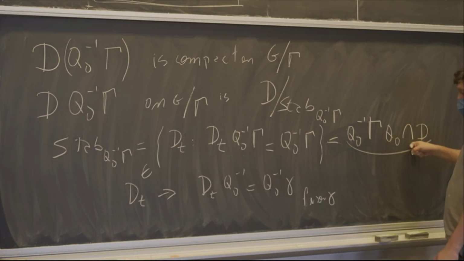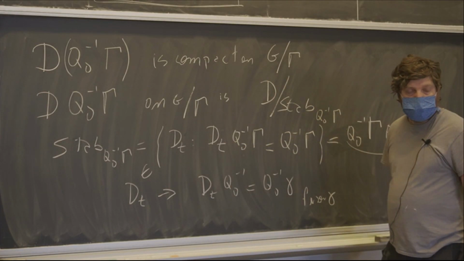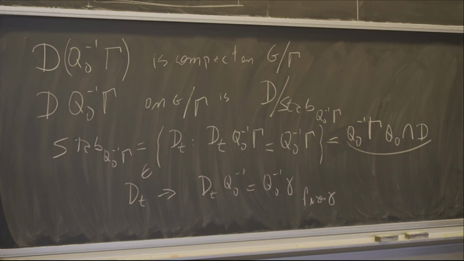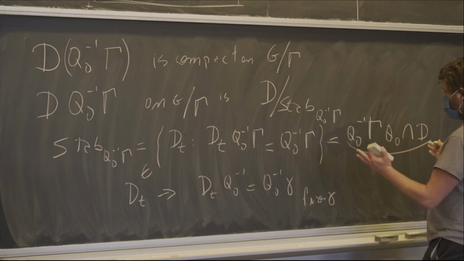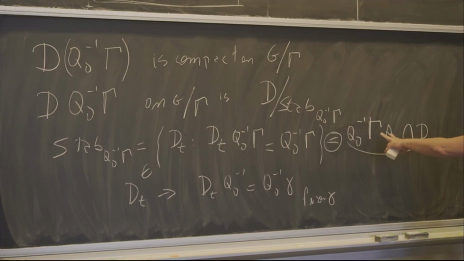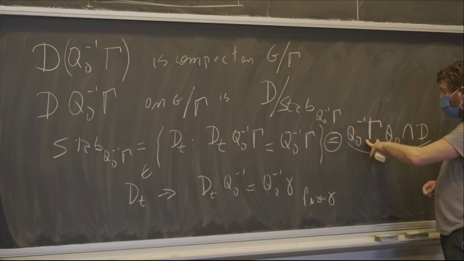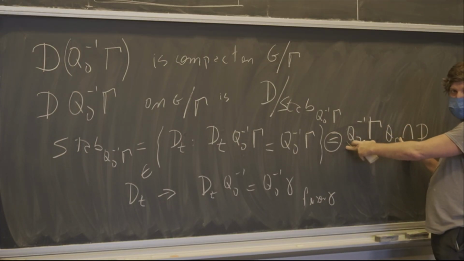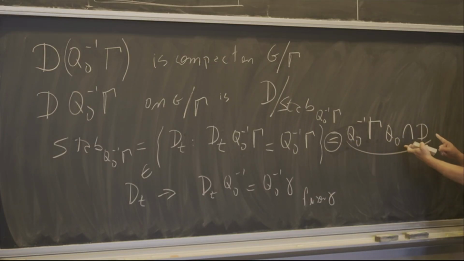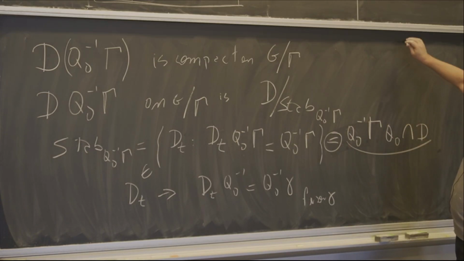If the guy belongs here, then it has this form, which implies it belongs here. Now, why is this equality so important? Because gamma is discrete. Okay? So gamma is discrete. I conjugate gamma by Q naught, it is still discrete. I intersect it with D, it is discrete in D. So I have that this guy is a discrete subgroup of D.